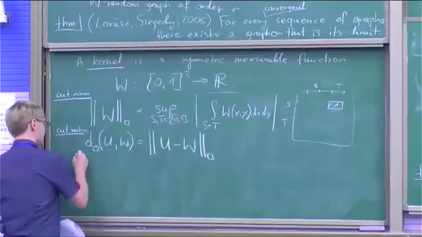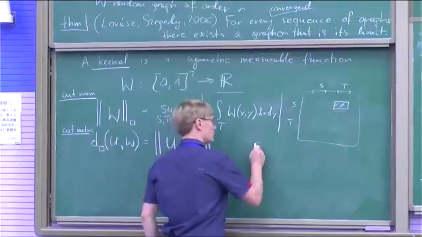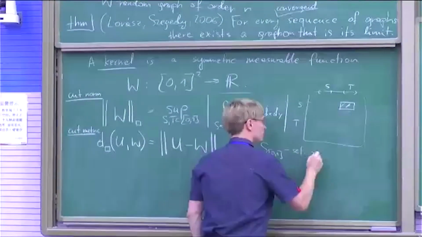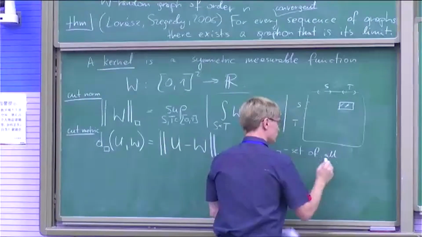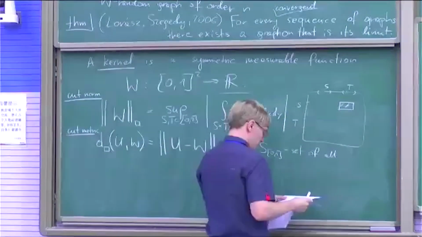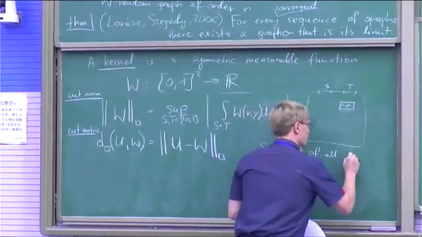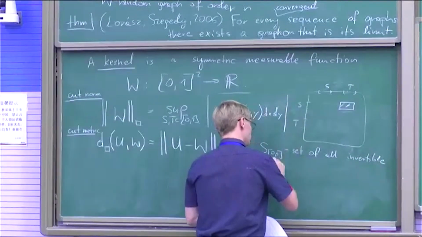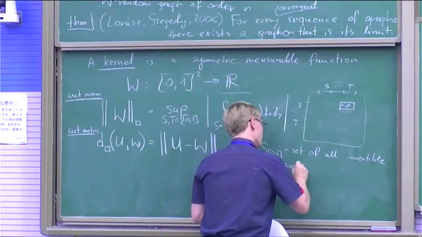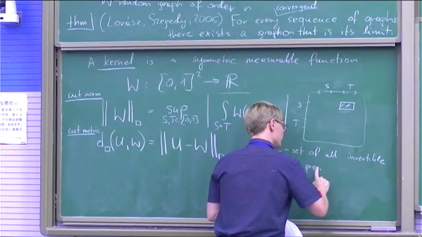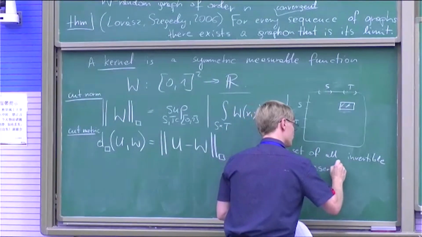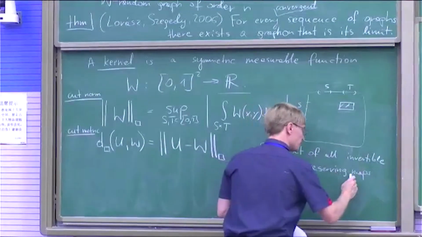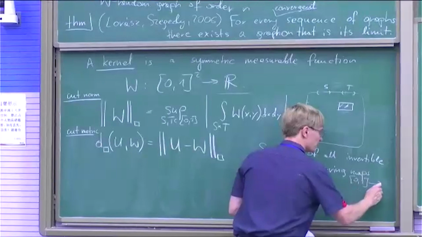So let me say that S01 is a set of all invertible measure preserving maps from 0 1 to 0 1, that's all the time considering.